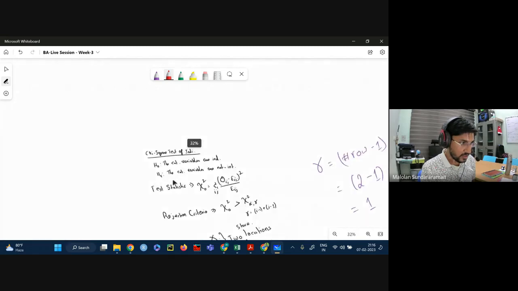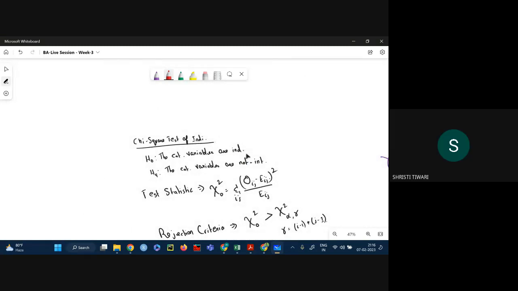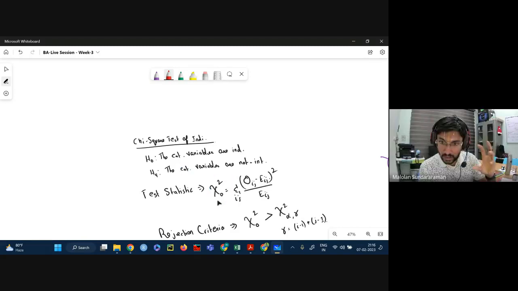The null is that the categorical variables are independent. It is only the significance level that you put. Significance level basically tells you the level up to which you will say that the null is true.